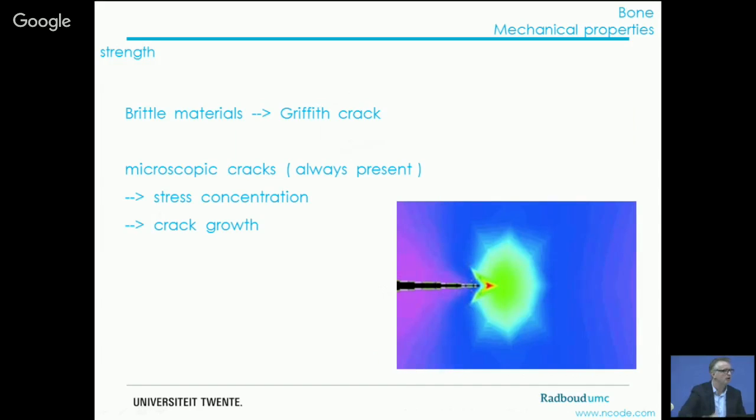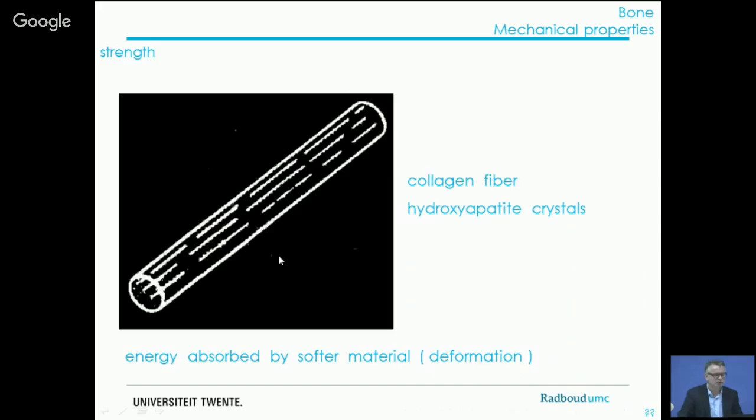And the bone is smarter than that. And that's because of 2 reasons. First of all, it consists of collagen and calcium. So there is a crack coming, and it hits the collagen, which is very flexible, and the crack doesn't penetrate that because it's kind of damped by the collagen.